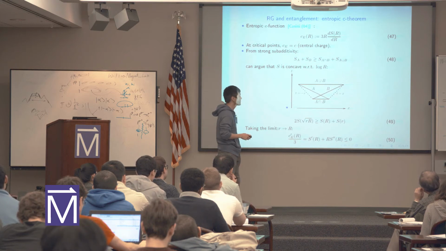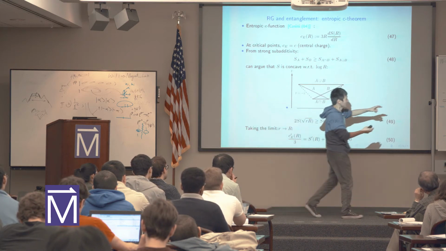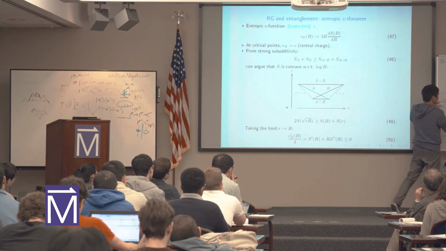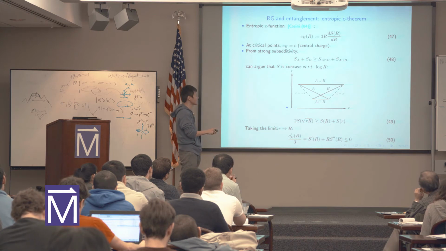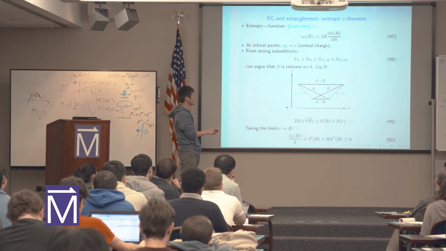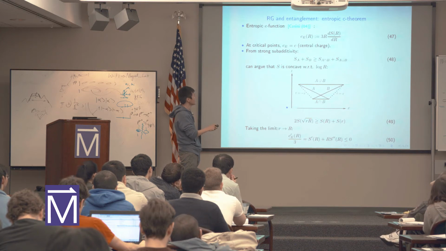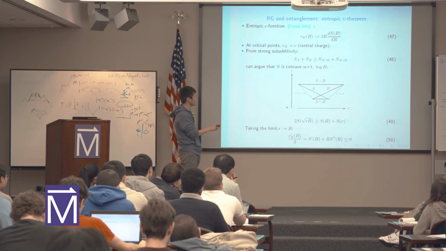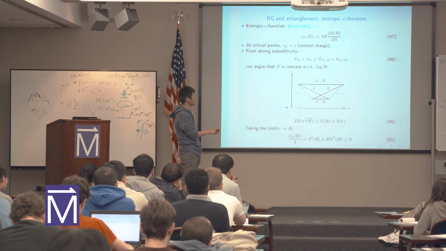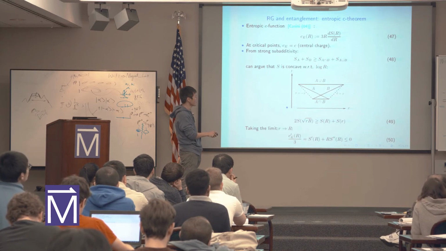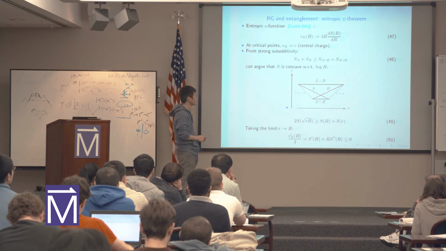In Lorentz invariant field theory, we can basically Lorentz boost these two regions. You can talk about the Lorentz invariant length. If the length of A union B is capital R, and the length of A intersection B is small r, the Lorentz invariant length of regions A and B is just given by the square root of small r times capital R, and then we use this formula and take this limit.